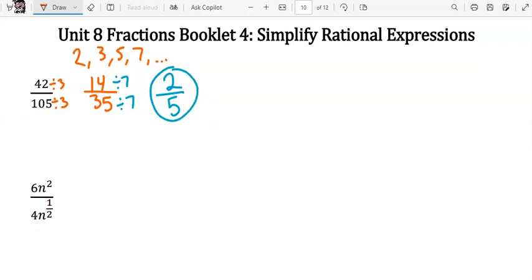On the next one we have some variables. Let's recall this law of exponents. A to the m over a to the n equals a to the m minus n. This is the quotient rule.